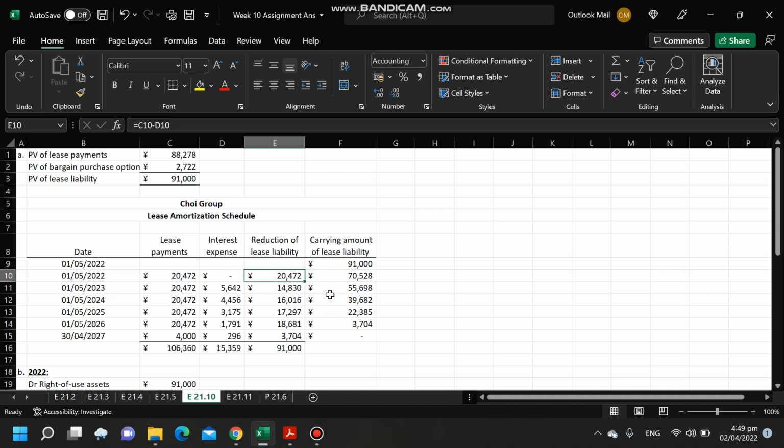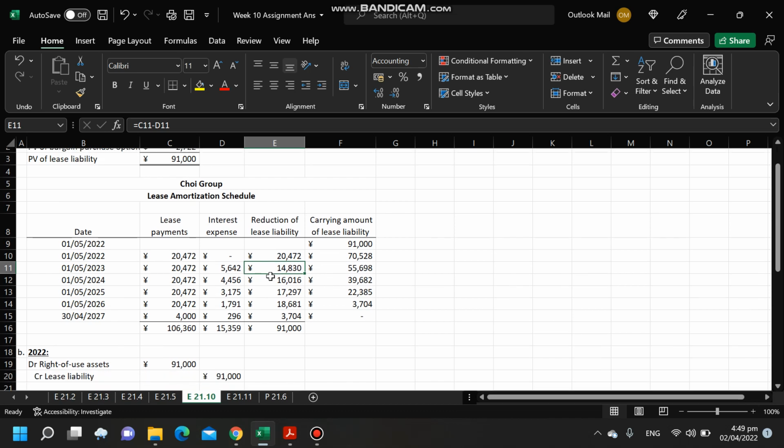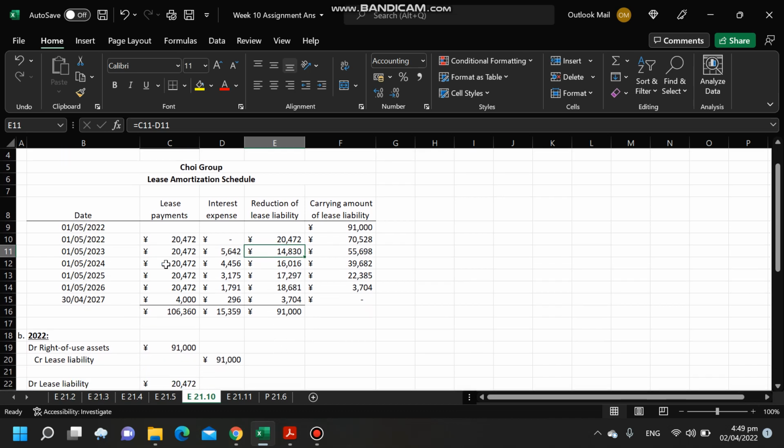And then for the rest of the years, you can just do it the way you usually do. The interest expense will be 8% of the carrying amount. And then the reduction of this liability is the lease payment minus the interest expense, and so on until the end.